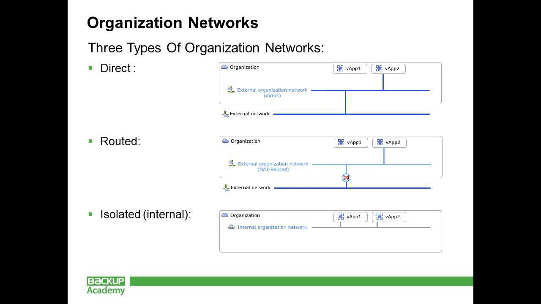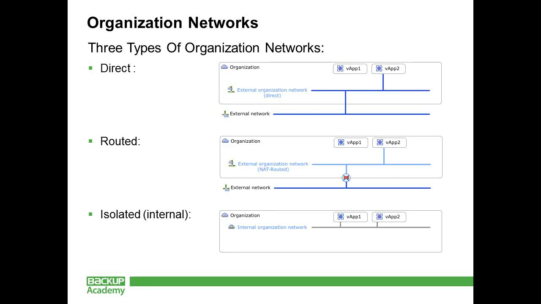Let's start with what they are. An organization network is created by the cloud admin, and these are contained within the organization boundary. It allows vApps to communicate with each other or to communicate outside of the organization, so via an external network.